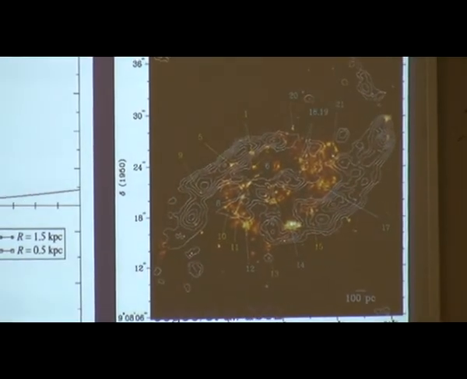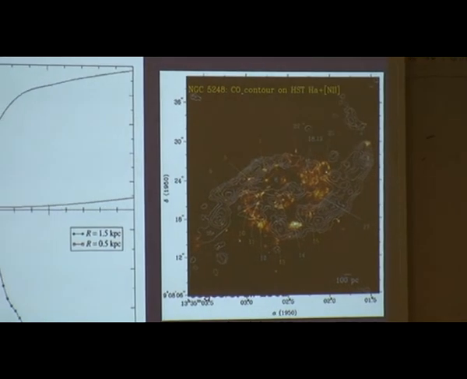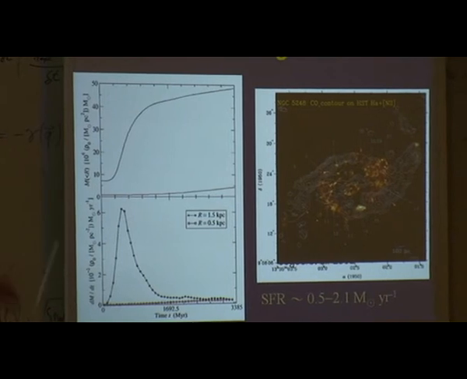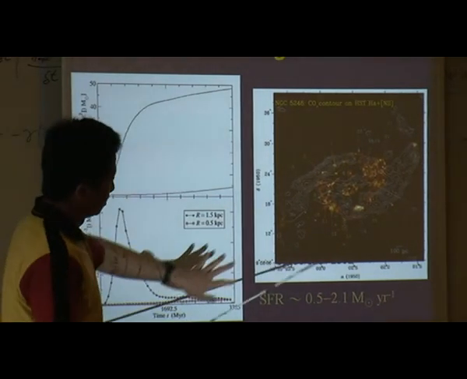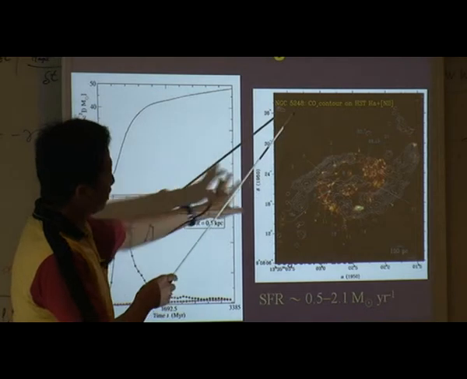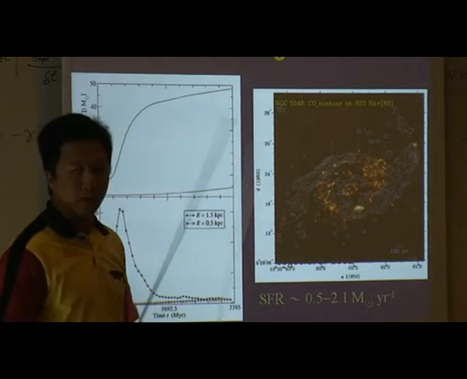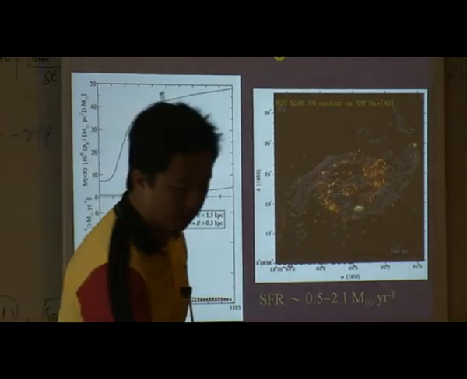So that also matches the previous slide on how to produce burst behavior just from the spiral structure. And here is the NGC 1048 case that shows starburst rings may be related to this idea.